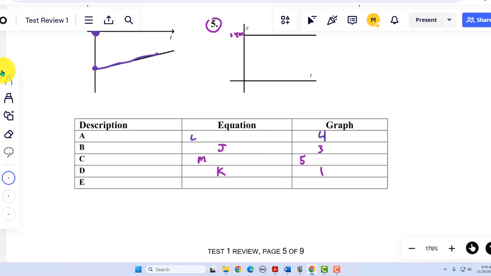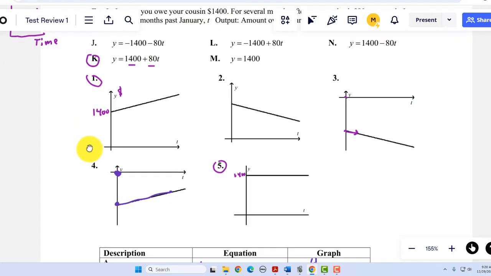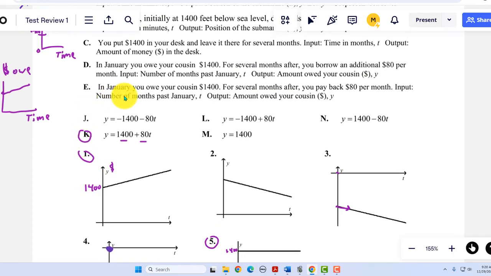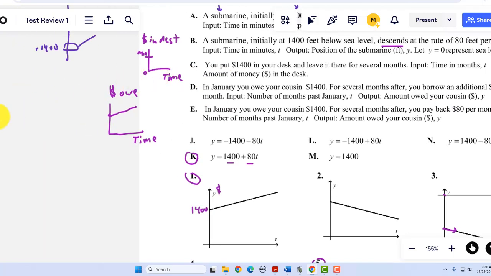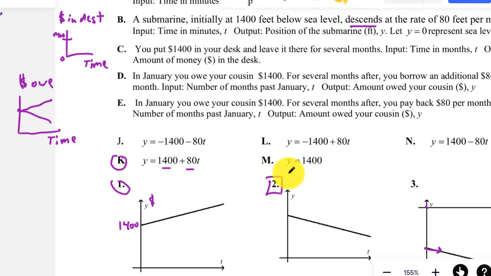Almost done. And then the last one, letter E, you owe 1,400, but now you're paying it back. So the amount you owe is actually going to decrease. Right? The amount you owe would actually decrease as you pay $80 back every month. That's graph number 2. And letter N. Right?